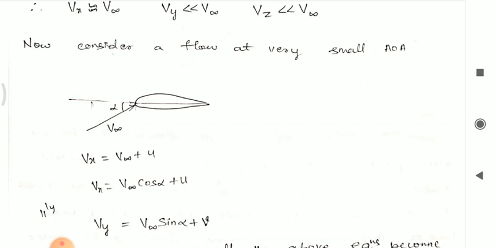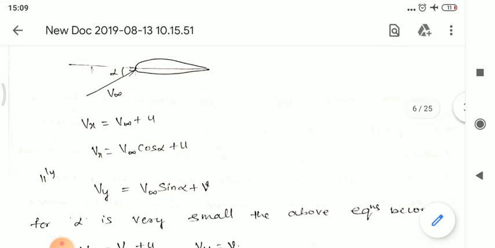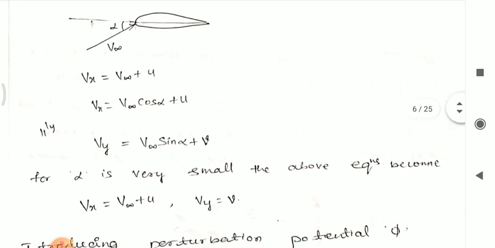But now the velocity in the x direction will become V infinity cos alpha plus u as it is, and Vy is V infinity sin alpha plus v. For a very small angle of attack alpha, the above equations will become Vx equals V infinity plus u and Vy equals small v.